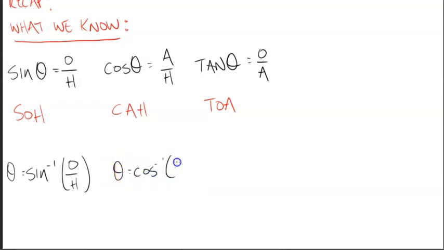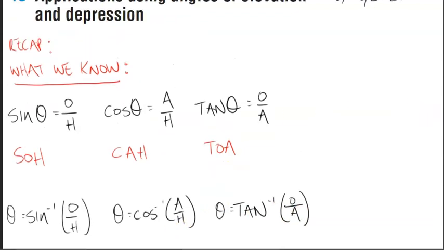Cos inverse is adjacent over hypotenuse, and tan inverse to find the angle is opposite over adjacent. So again, you can use the SOH CAH TOA little acronym to help you out with inverse trigonometric identities. This is to look for an angle if two lines have been given.